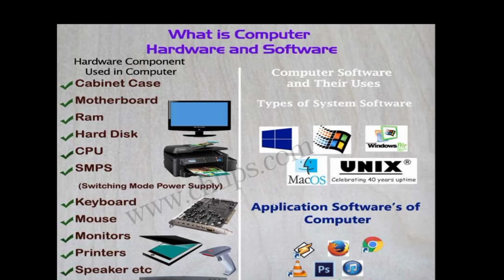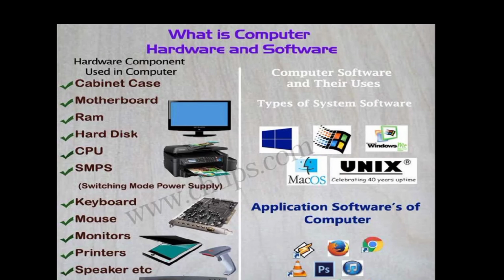So now moving towards computer software. There are different types of computer software. Your operating systems, Unix, Linux, Windows, Mac OS, are the system software. Some examples of application software are Mozilla Firefox, Google Chrome, VLC, Photoshop, Music, Opera Mini, PDF Reader, MS Excel, PowerPoint.